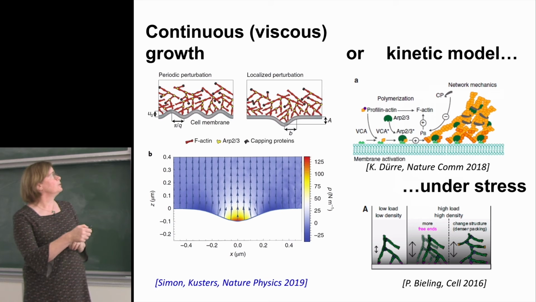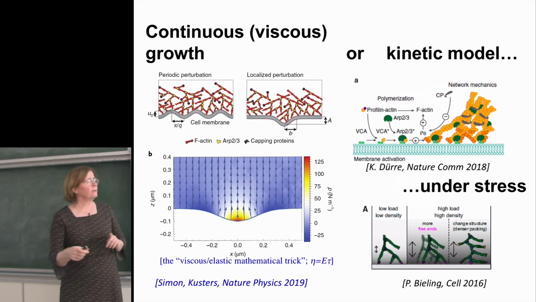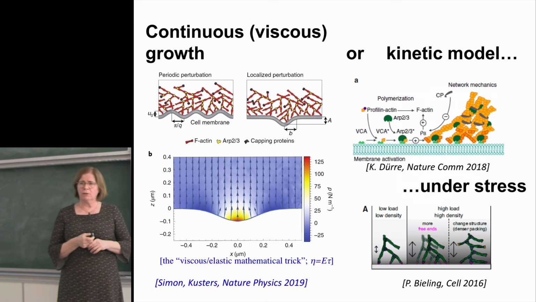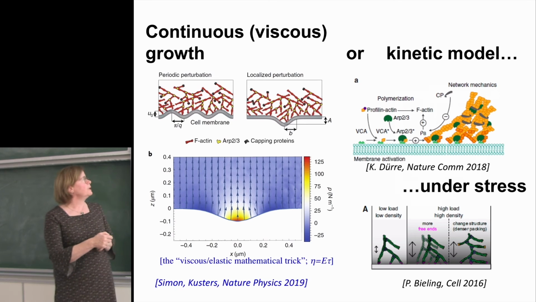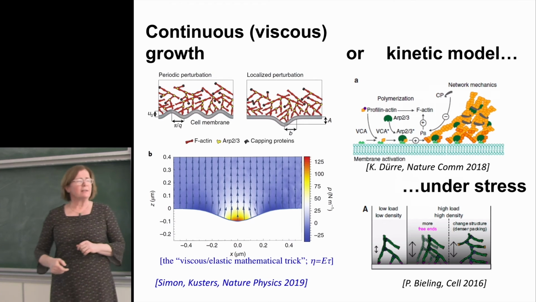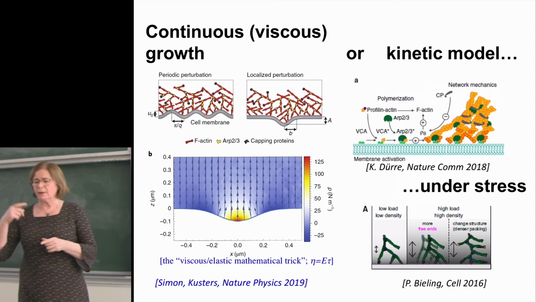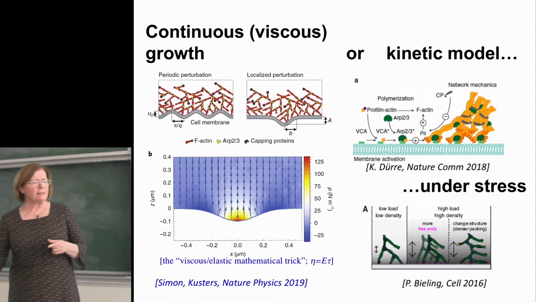What we decided to do is treat the network as viscous. It's what I call the viscous elastic trick. So we treat it as a liquid, and then we define the viscosity as the elastic modulus multiplied by the time, the viscoelastic time.